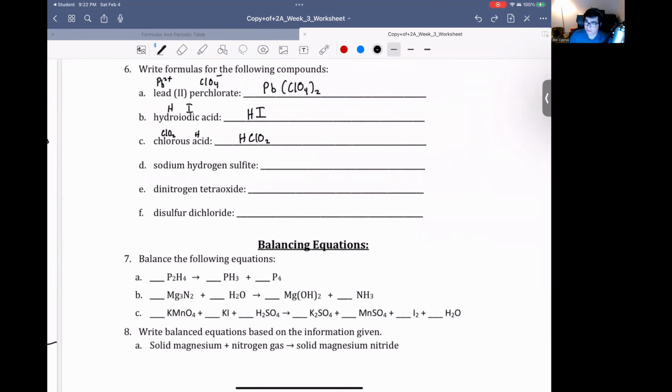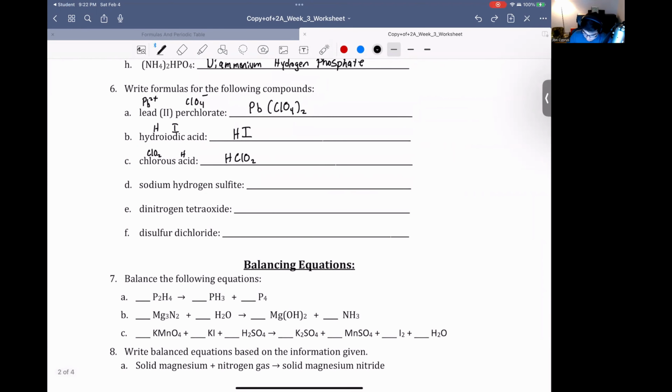All right, next is sodium hydrogen sulfite. So this is sodium, that is hydrogen, and then sulfite is SO3, right? Let's put the charges here. So sodium is a +1, hydrogen is a +1, and then sulfite is a 2-.